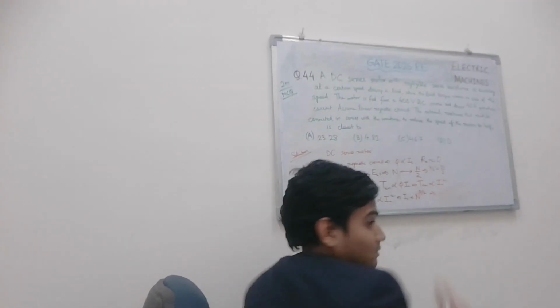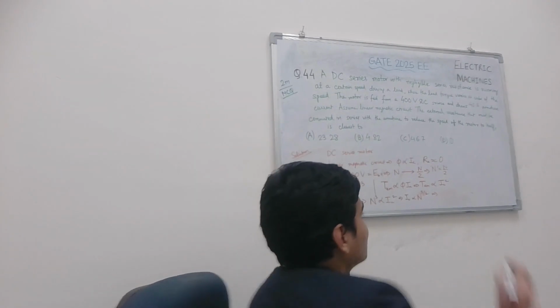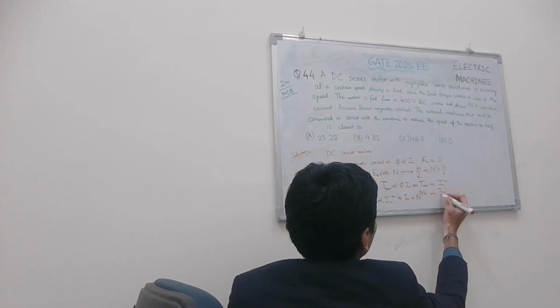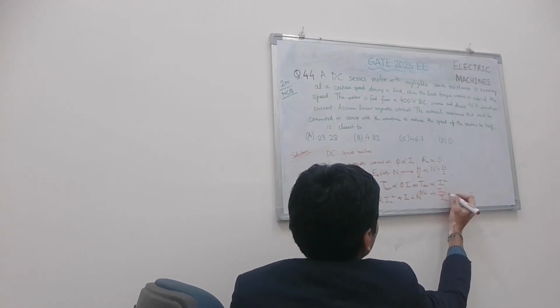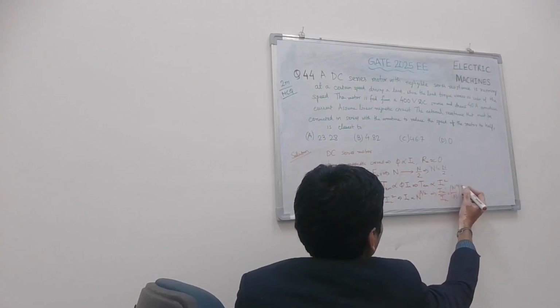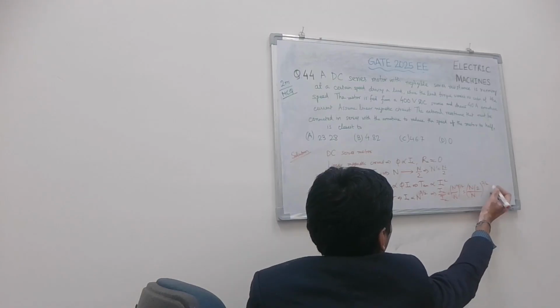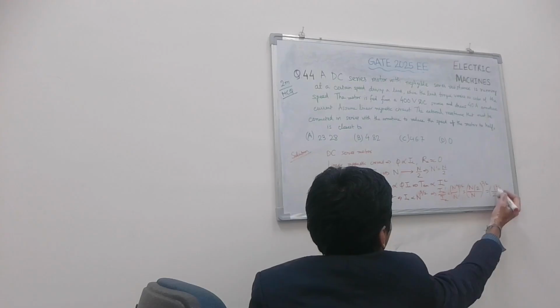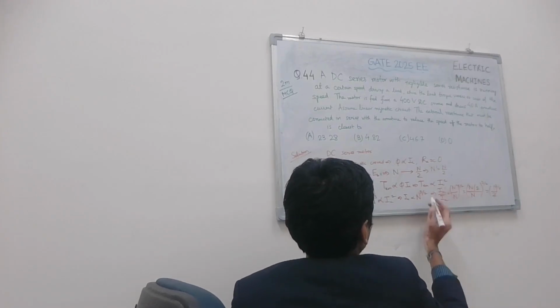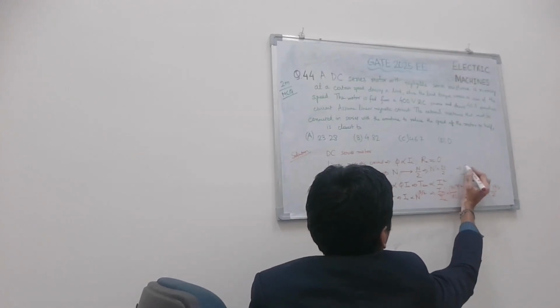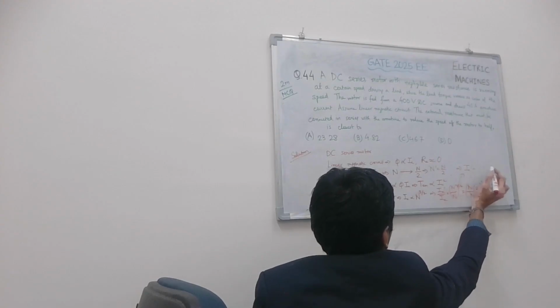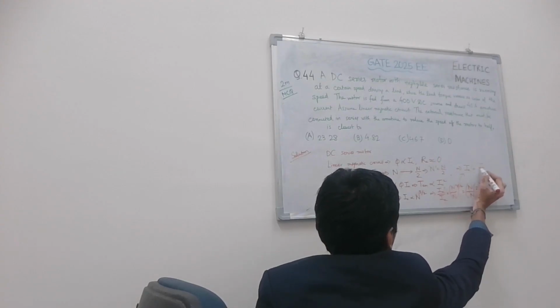So Ia prime by Ia should be equal to n prime by n to the power 3 by 2. Now n prime equal to n by 2. So we have n by 2 by n, that is half, to the power 3 by 2. Or what we get? Ia prime equal to Ia by 2 root 2.